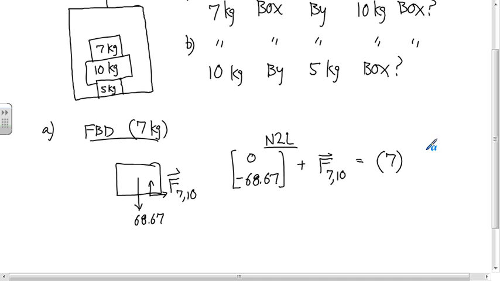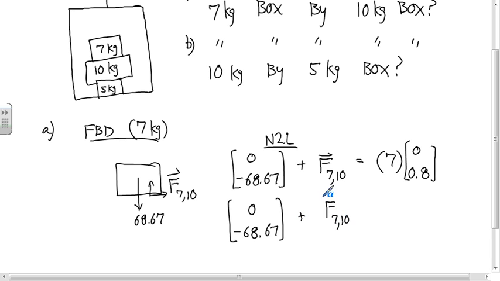Yep, 0, positive 0.8. So we get 0, negative 68.67 plus F710 is equal to 0, 5.6.